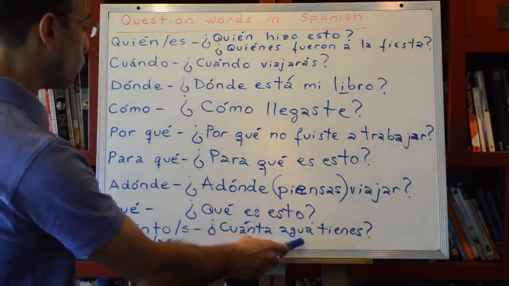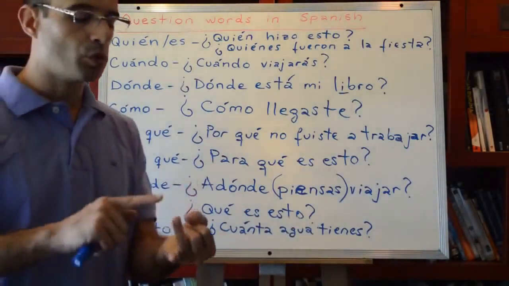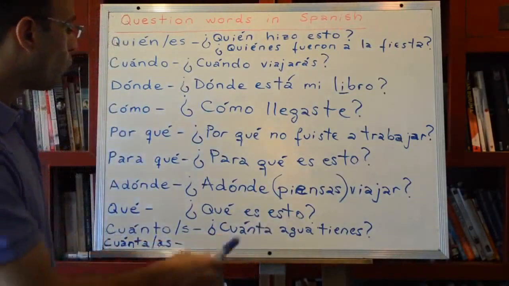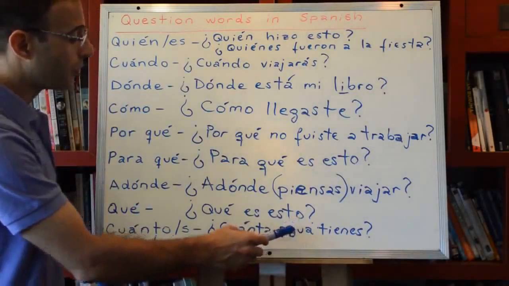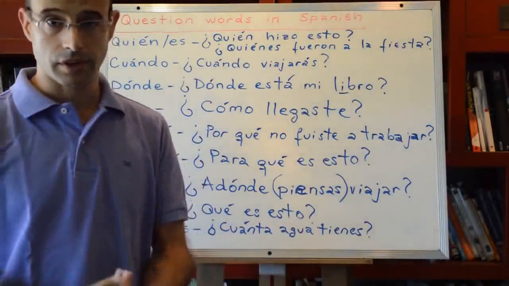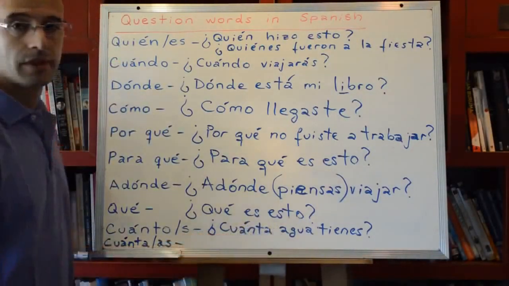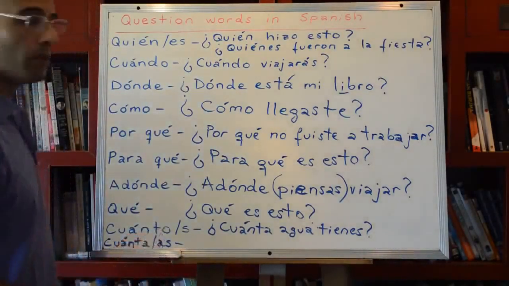Since water, agua, is uncountable, we cannot say one water, two waters, three waters, right? So therefore we use cuánta without the S. And in Spanish, the noun water, which is agua, is feminine. It carries the feminine article. Therefore we ask cuánta, right? With A.